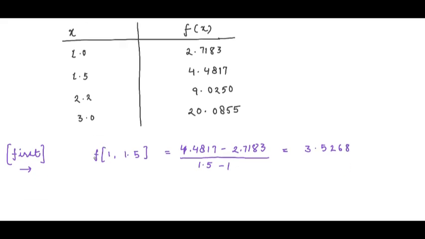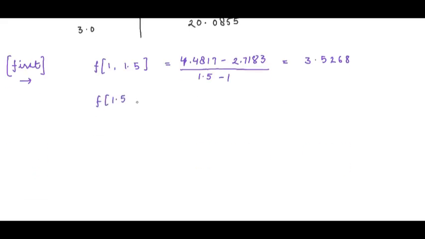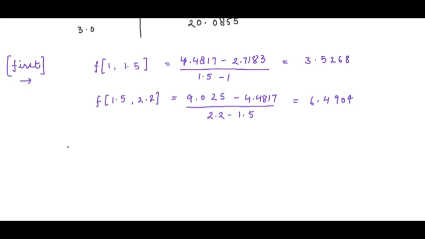Next is f[1.5, 2.2], which is (9.025 minus 4.4817) divided by (2.2 minus 1.5), giving 6.4904. Now next, f[2.2, 3] becomes (20.0855 minus 9.0250) divided by (3 minus 2.2), which becomes 13.8256.